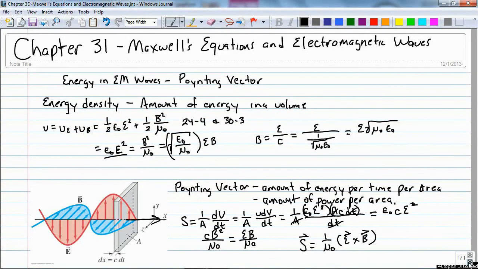Now if we have an interest in the average Poynting's vector, we just put S bar, and that's going to be equal to 1/2 epsilon naught times C times the electric field squared, and that's also equal to 1/2 C over mu naught times the magnetic field squared.